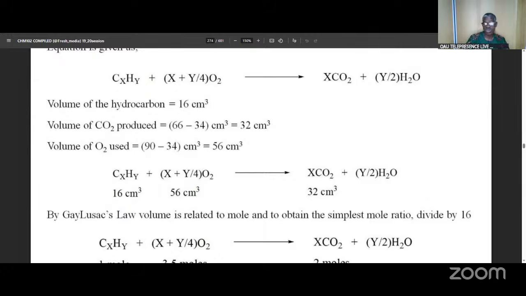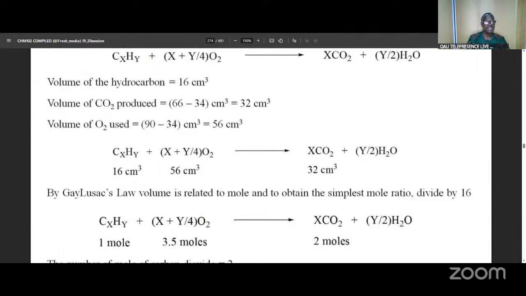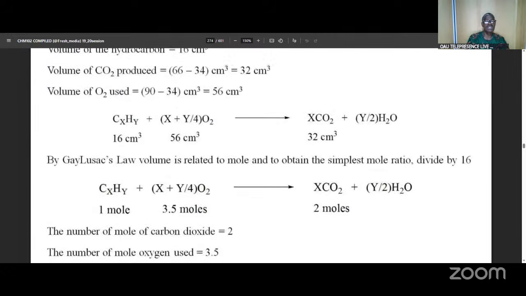Excess oxygen was used in that question, so the volume of oxygen that reacted will be 90 minus 34, and you have 56 cm³. Now, putting all these answers under our equation, we have 16 cm³ of CxHy, and 56 cm³ of oxygen that reacted with 16 cm³ of hydrocarbon, CxHy, to give 32 cm³ of carbon dioxide.